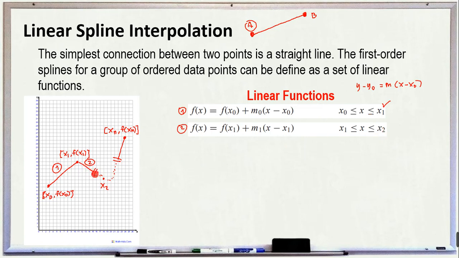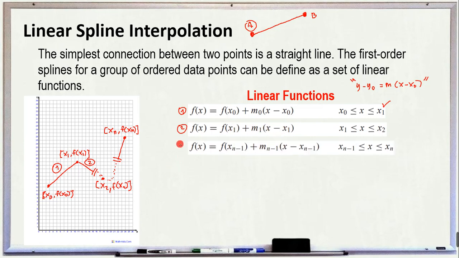So kung ma-extend pa ta na, then makakuha ta sa ikatulong nga point represented by x2, f of x2. Following the pattern, using this one sa inyong analytic geometry, mo ma-derive. Okay? F of x1 plus the slope times x minus x1.